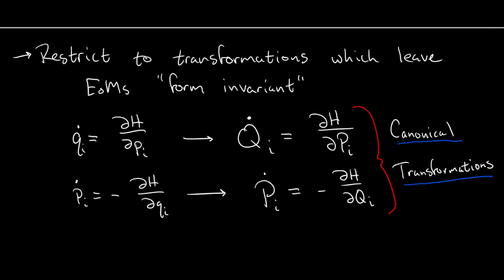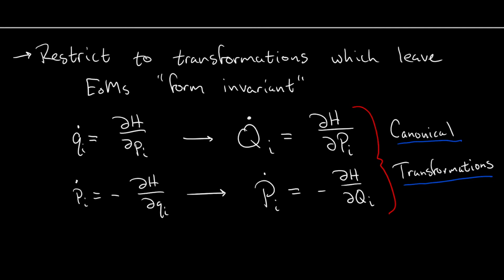So it's not going to change the form of Hamilton's equations. Okay. So how do we find these? Is there a more general rule for, can we look at a transformation and say, okay, that one's a canonical transformation, that one's not? It turns out, yes, we can.